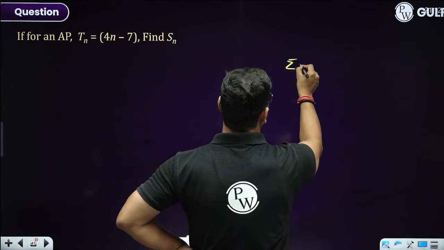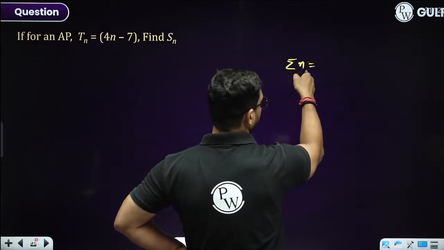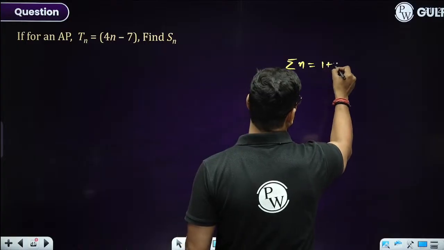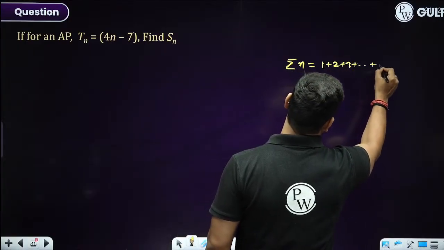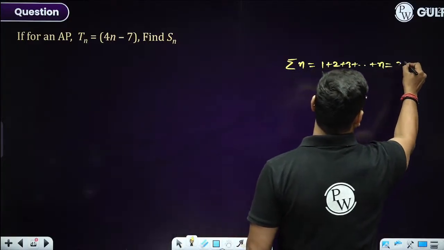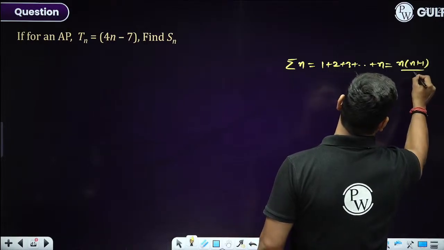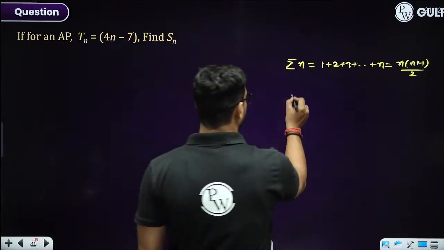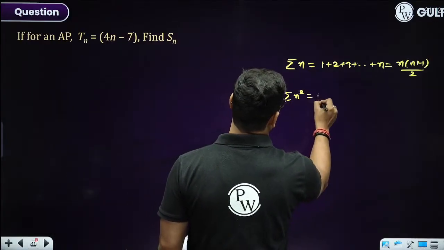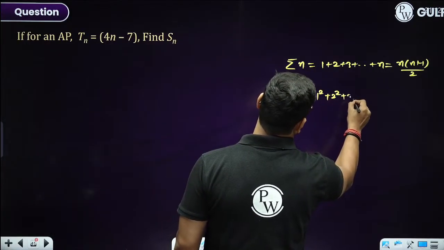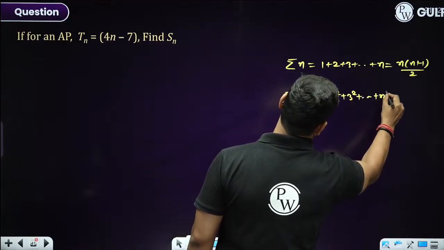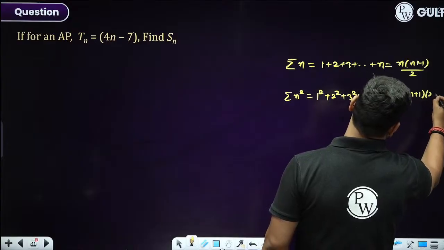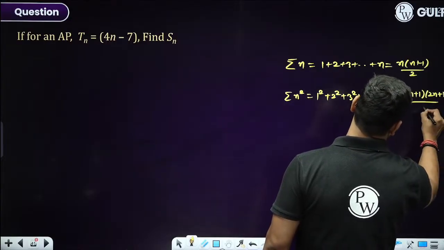First, do you know the sum of n? Sigma n means 1 plus 2 plus 3 plus 4, and so on up to n, so this is n into n plus 1 by 2, correct? Similarly, sigma n square, that is 1 square, 2 square, 3 square, and so on up to n square, is n into n plus 1 into 2n plus 1 by 6.